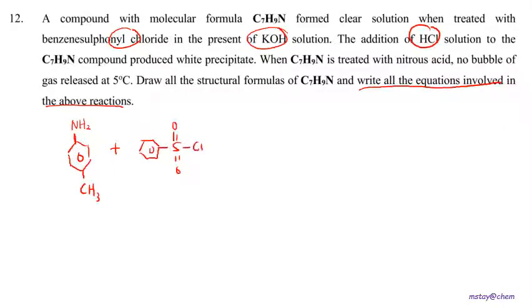One of the hydrogens from the NH2 and the Cl from the benzene sulfonyl chloride will be taken out. So only one hydrogen is left on the benzene amine.